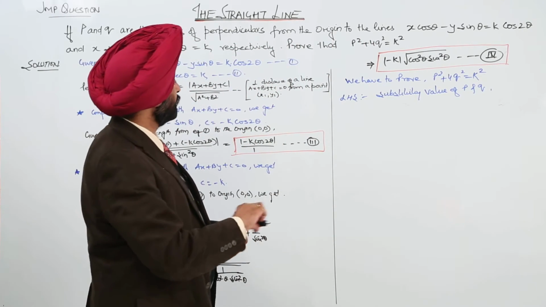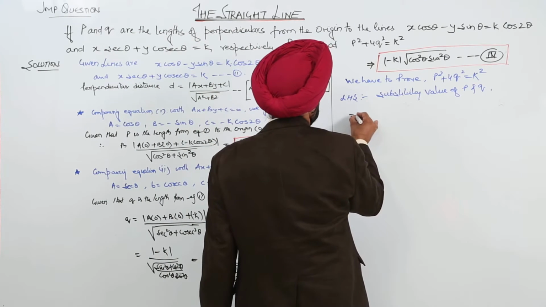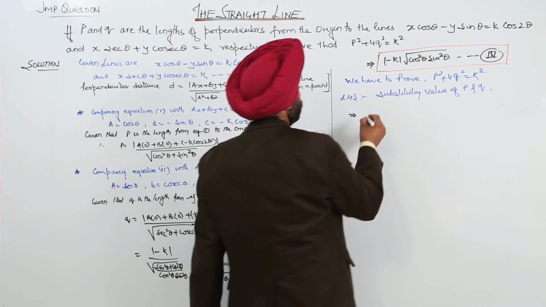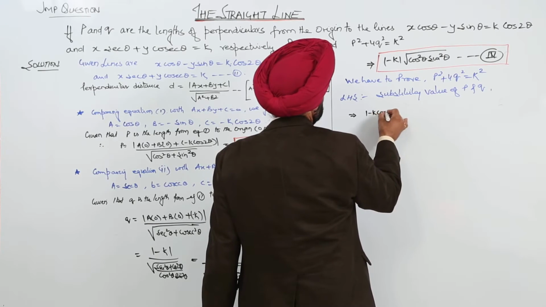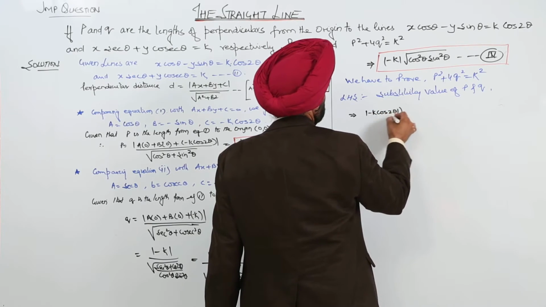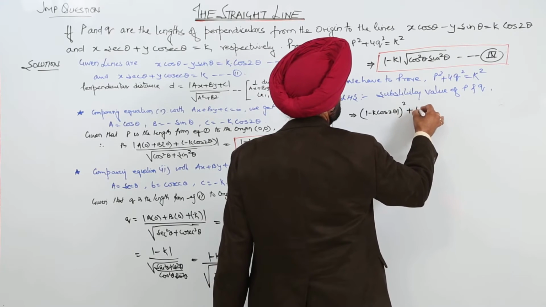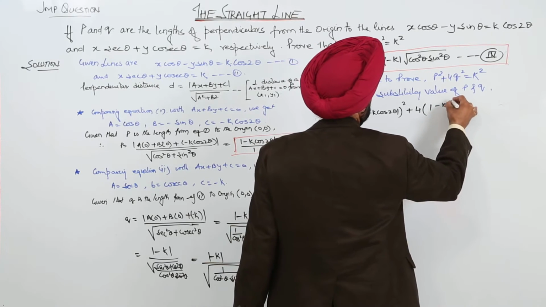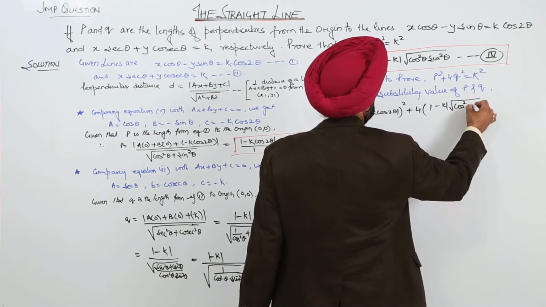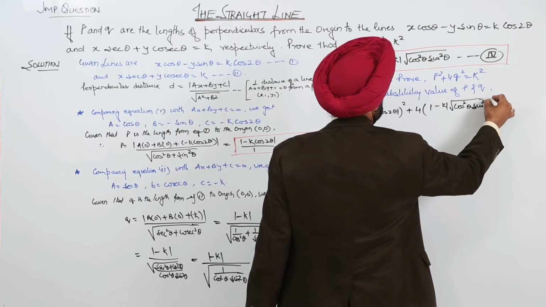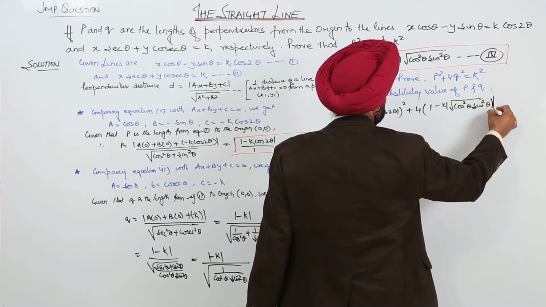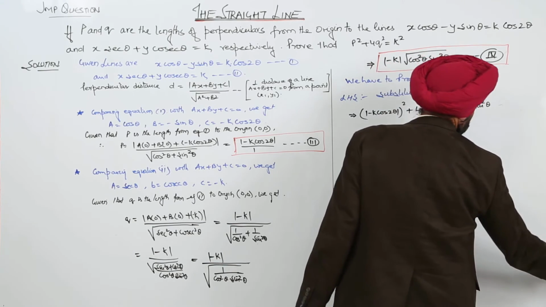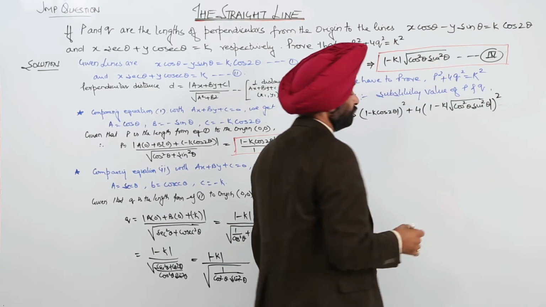So what we will get on the left hand side: p is negative of k cos 2 theta, whole square, plus 4 times negative of k cos square theta sin square theta, whole square. Is it clear?